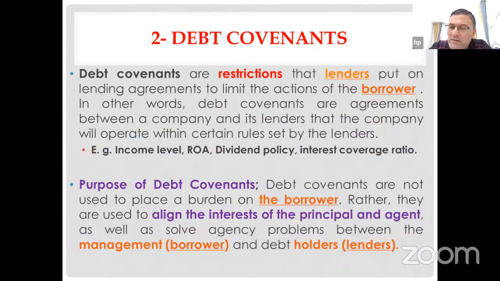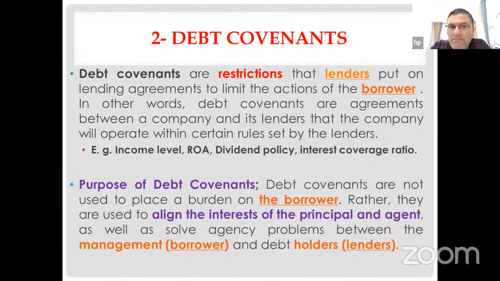The second factor is called debt covenants. Before I enter into debt covenants details, we need to understand what debt covenants mean. Here I put some lines about it. Debt covenants are a kind of restriction that lenders put on a lending agreement to limit the actions of the borrower.